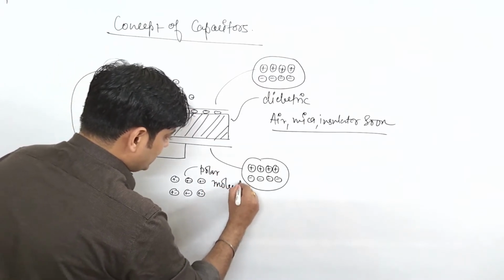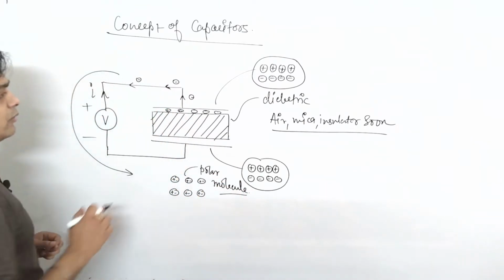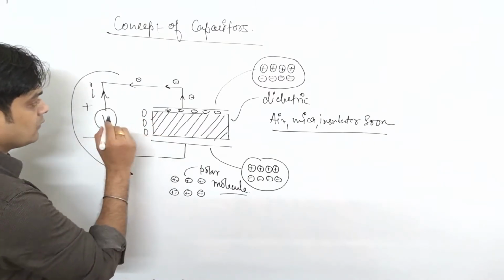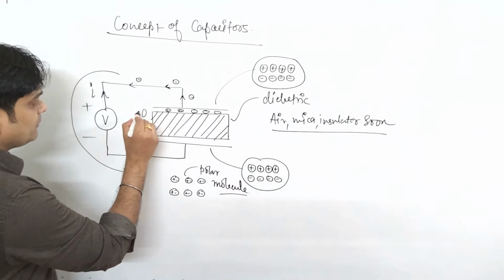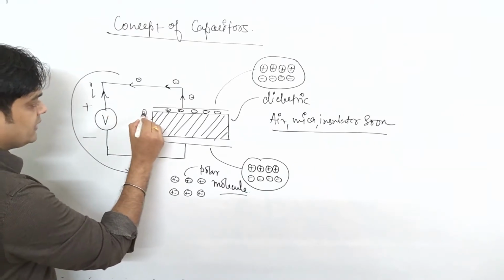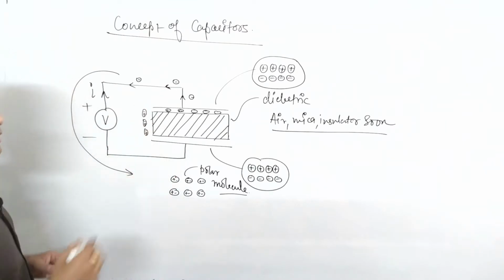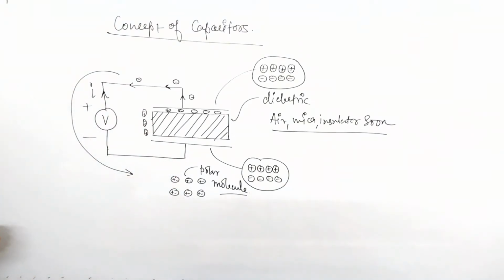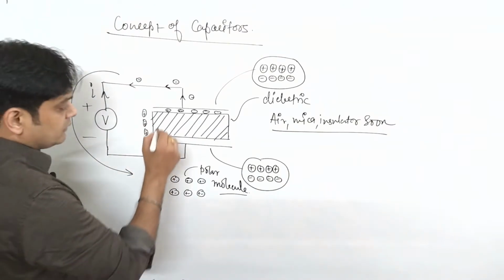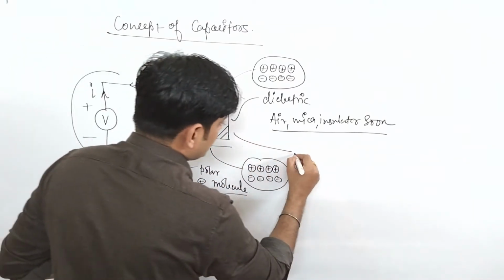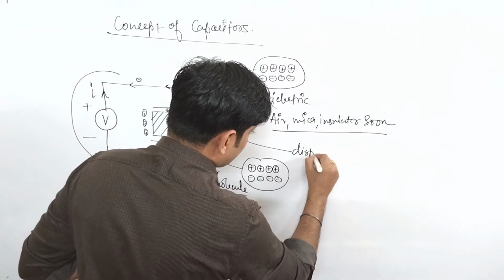When this voltage is applied, these polar molecules will align in this manner. When this positive is applied, here it is minus plus, minus plus, minus plus. In this manner, these molecules get aligned, and some current will start flowing here, which is known as displacement current.